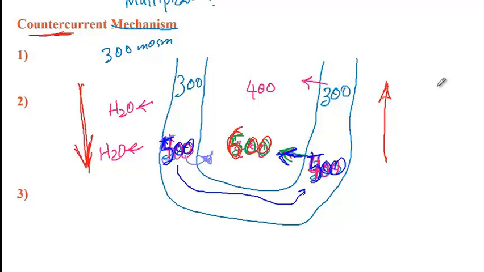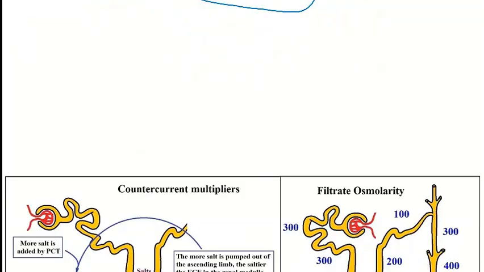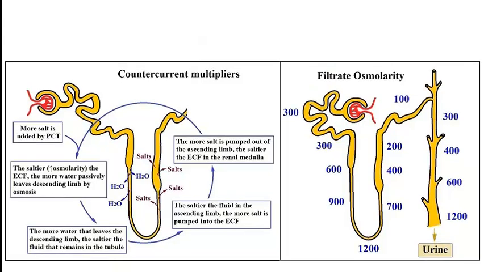And the reason we call it multiplication is that the osmolarity keeps on increasing, or in other words, it keeps on multiplying. So this process will continue to go on until the osmolarity of the interstitial space at the deep medulla reaches 1200 milliosmolar.